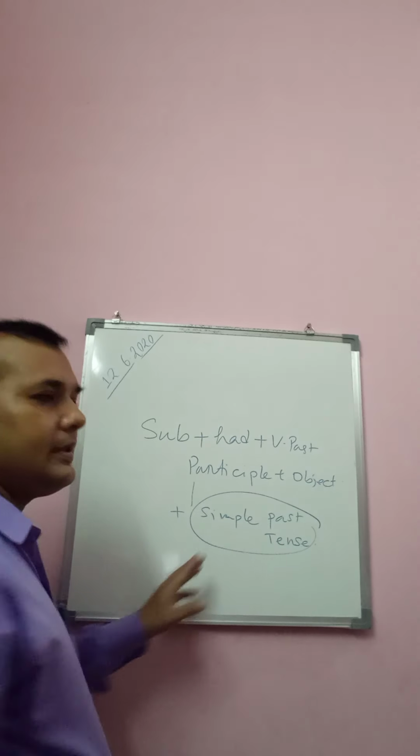The simple past tense is added here when we use before and when we use after. Sometimes we have to use before and sometimes after. It will be clear when I give you some examples. Okay, see some examples.